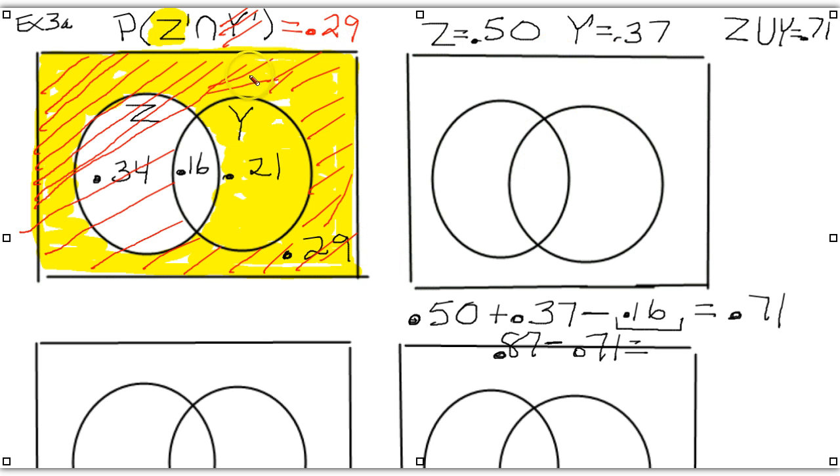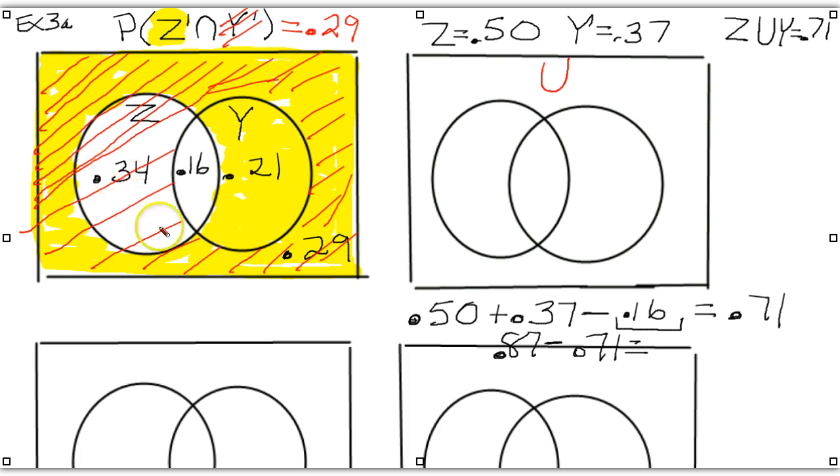Now for letter B of 3A, we want this, but instead of being intersection, we want union. So it's wherever there's color.